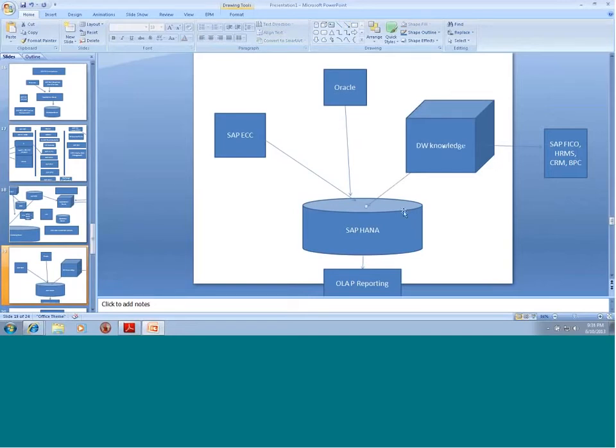So with this combination, if I were to go out in the market, I'm looking at anywhere between 175 to 200 an hour, because we have good subject matter expertise of functional modules, very strong experience in the SAP BW system, and I'm applying these two on top of SAP HANA.